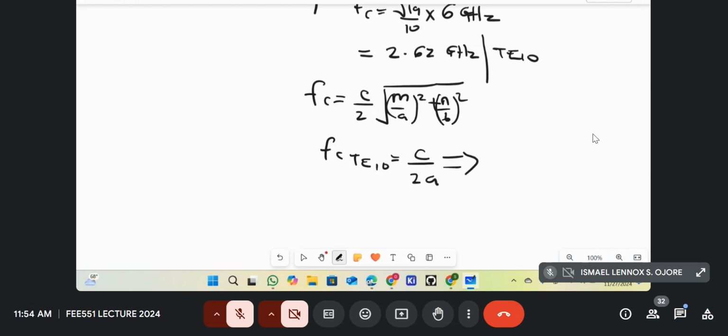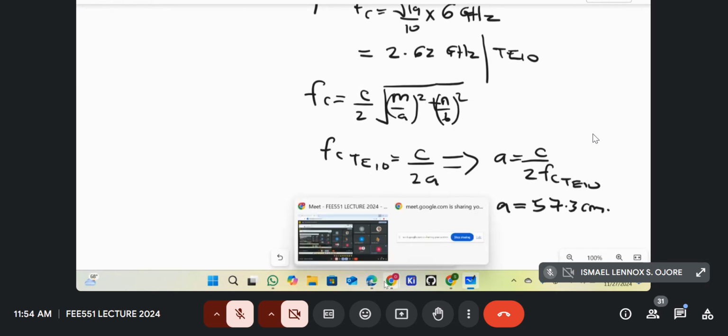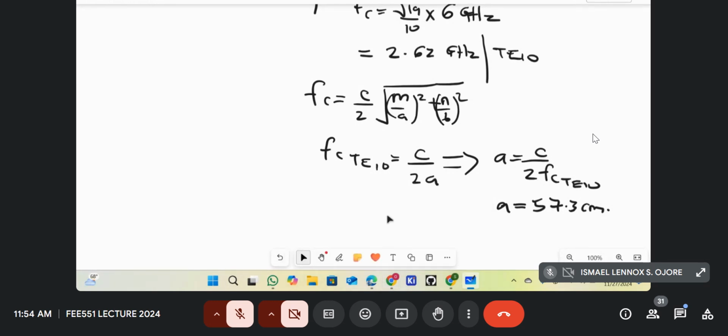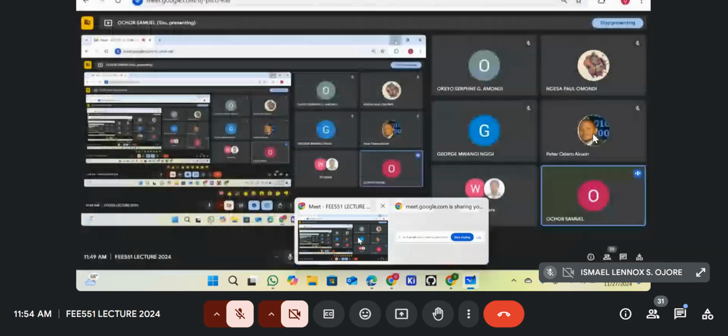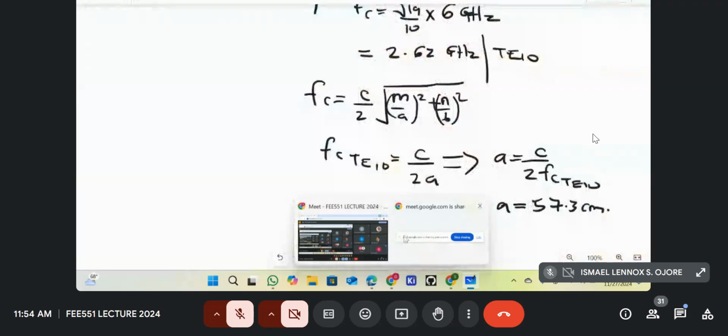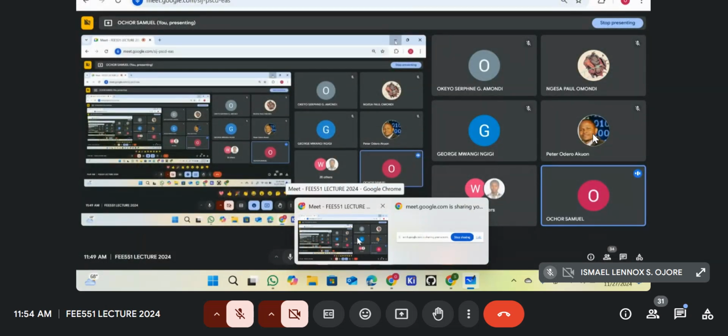Rearranging this, we'll have a equal to c over 2fc. So we'll have the breadth as 57.3 centimeters. Yeah, that's how I did it, unless someone might have an addition or a correction.